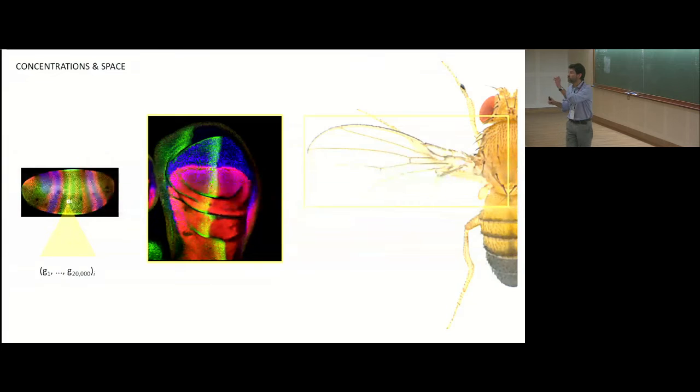That would be what characterizes cell state. It might actually be a bit more complicated than that. It might be characterized by a distribution. So G1 would be a distribution of values, and G2, another gene product, would be another distribution of values. But this is how you would characterize a cell.